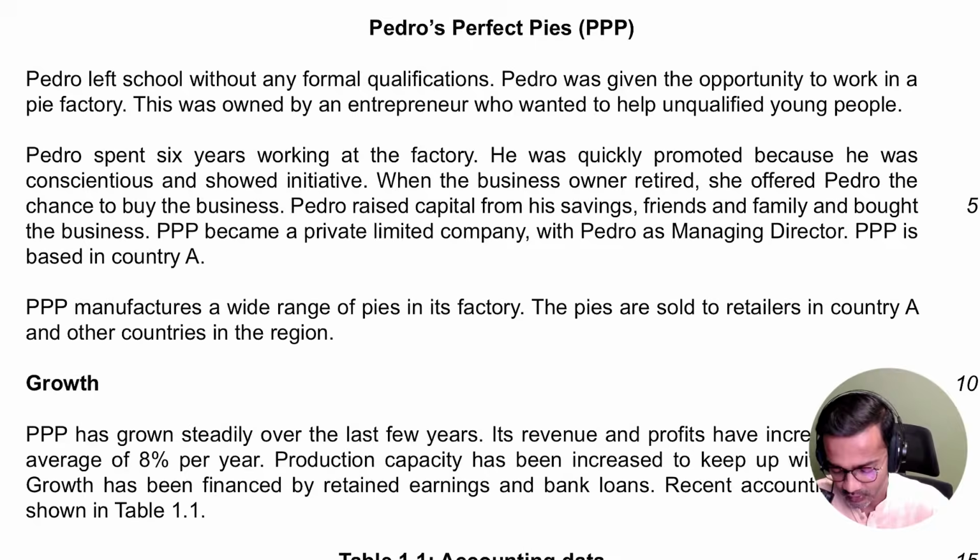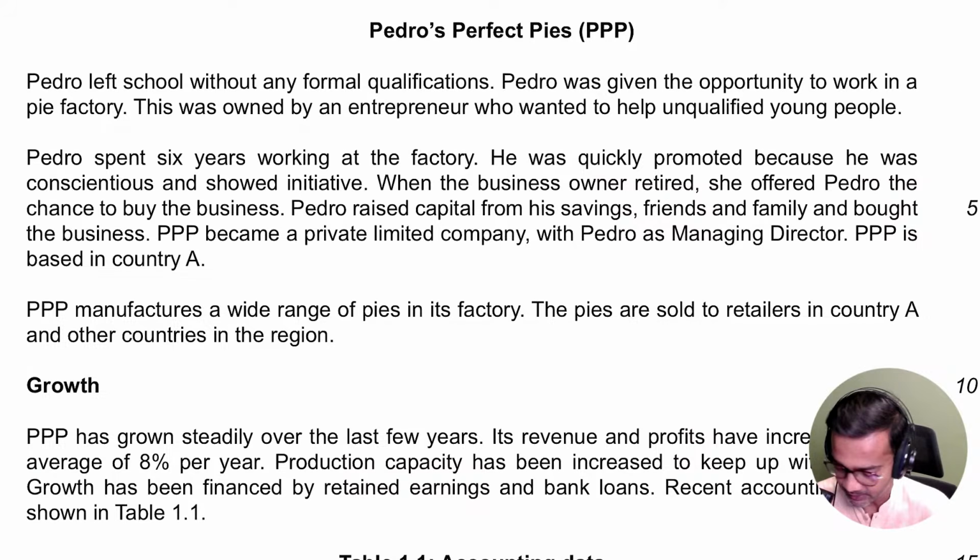This one's called Pedro's Perfect Pies, PPP. So Pedro left school without any formal qualifications. Well, that's not a very good way to motivate students to stay in school, right? But in any case, maybe this will lead somewhere. Pedro was given the opportunity to work in a pie factory. This was owned by an entrepreneur who wanted to help unqualified young people. So there are some nice people out there, right?